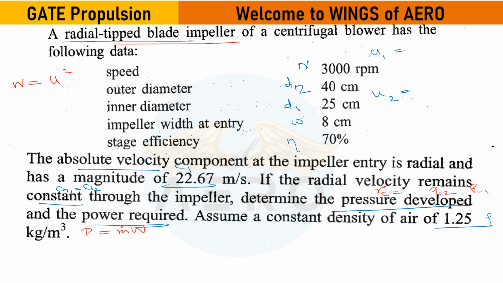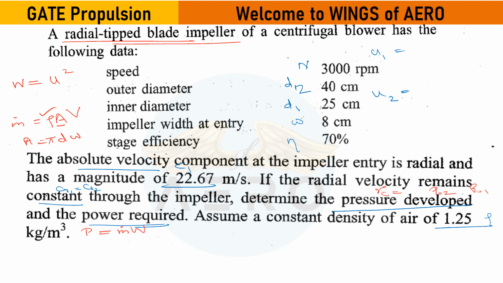Then the mass flow rate. What is the formula for mass flow rate? Rho A V. The area, as they have given the width, is pi D W; take any one condition, inlet or exit, and find it for any one.